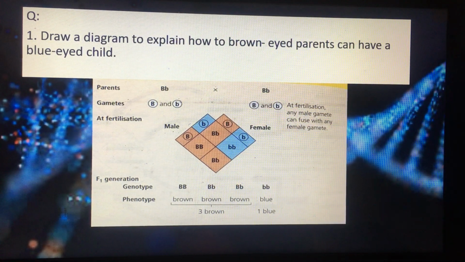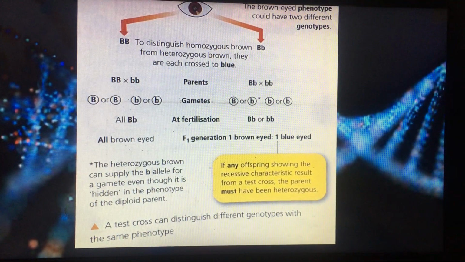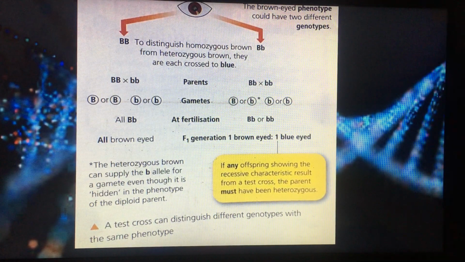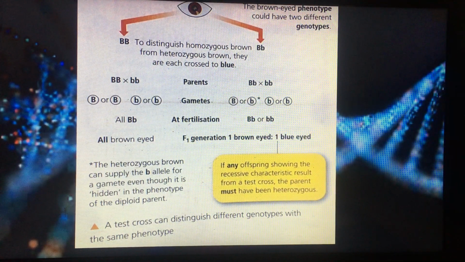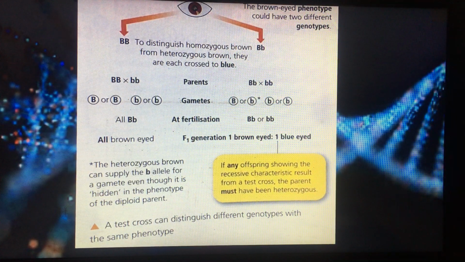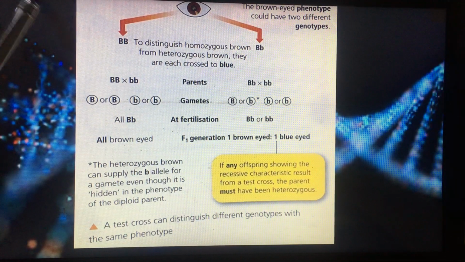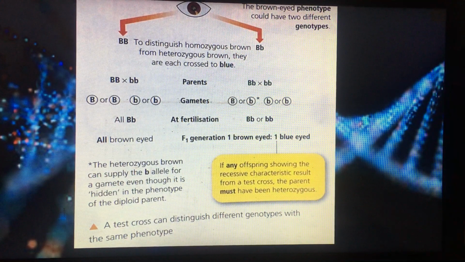Now the second section of this lesson: you have to understand the principle of the test cross. So what is the test cross and what is the principle of the test cross? Now focus here. We have B capital, so we have homozygous gametes.